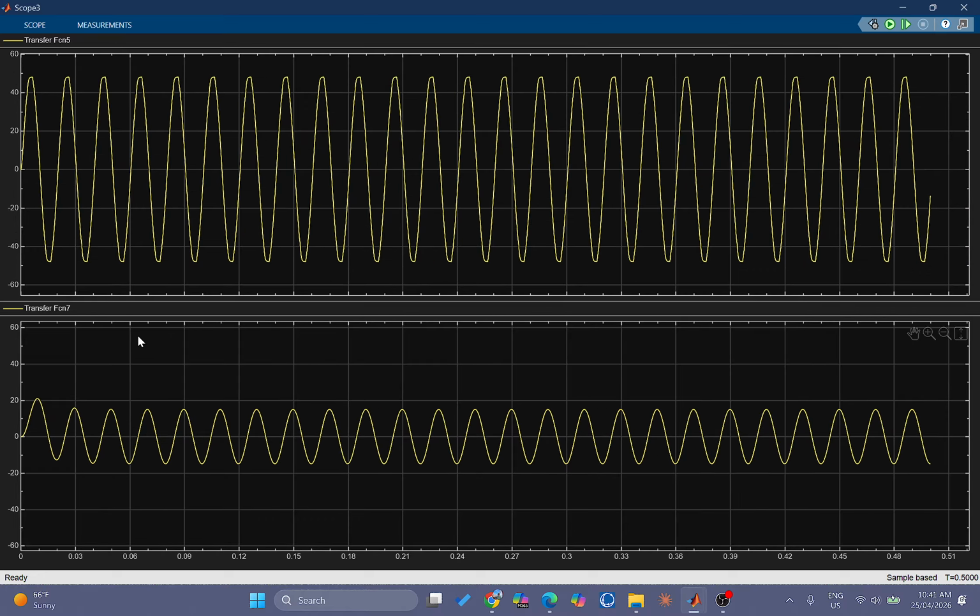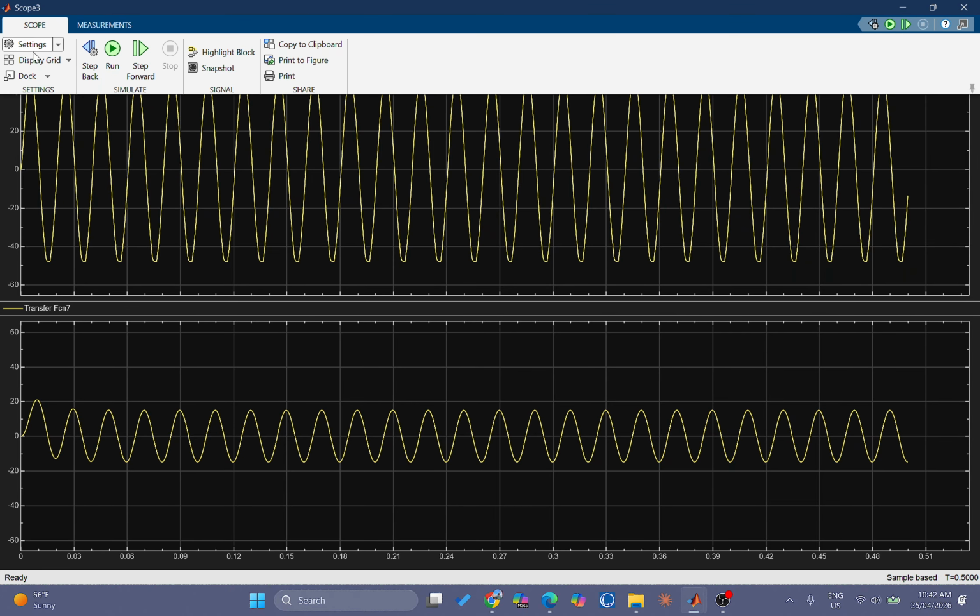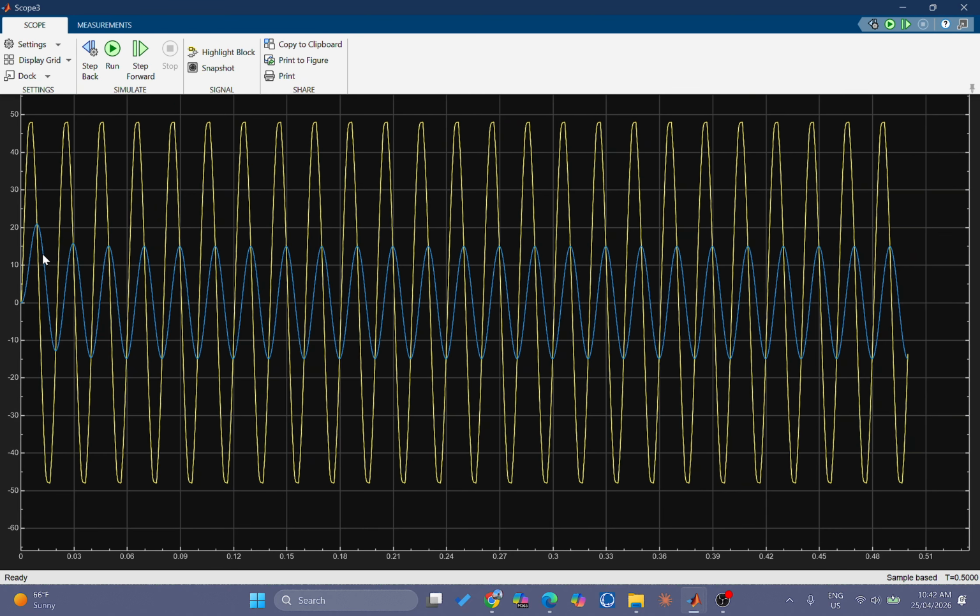Now at the bottom we have a current waveform. It depends strongly on the load. With the resistor, the current is in phase with the voltage. If I want to show this, you can now see that it is in phase with the voltage.